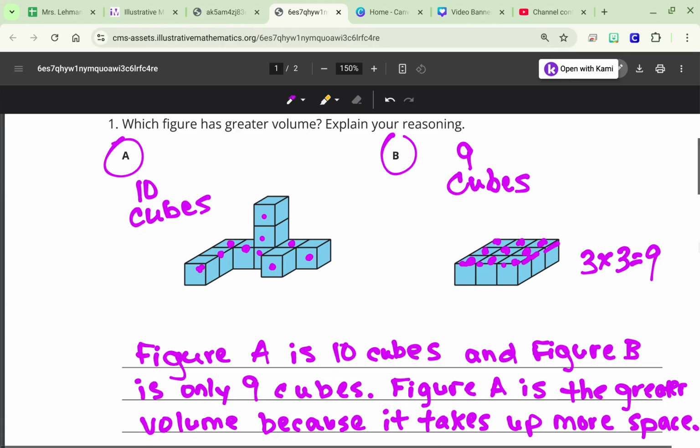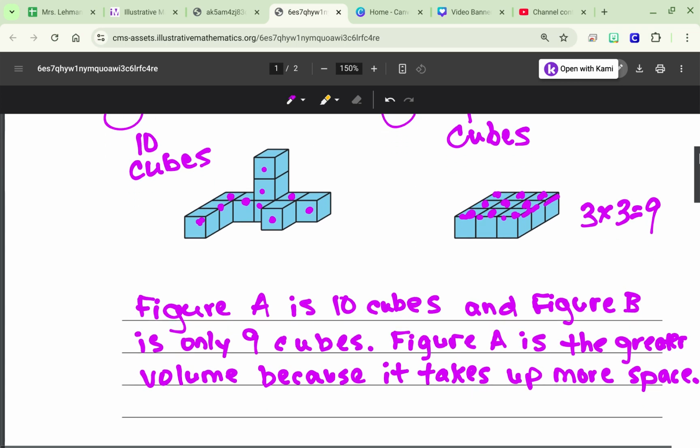Okay, so that is the problem solving, but also a great way to formulate your answer specifically to number 1.